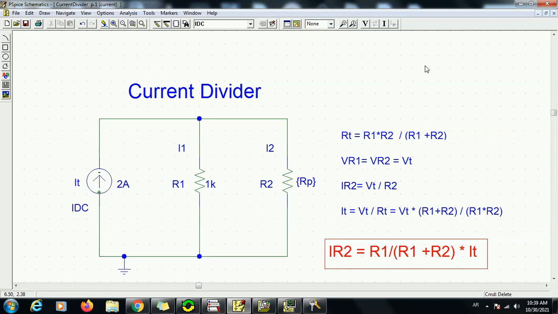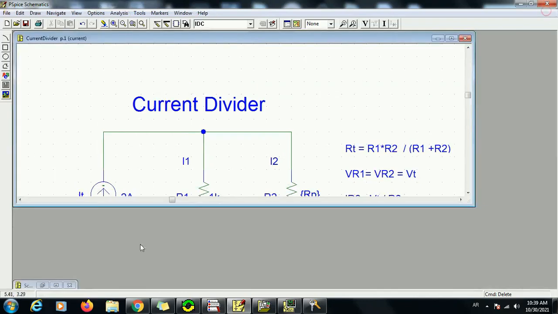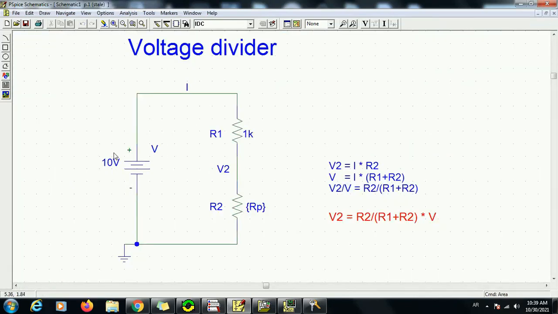We can use a voltage source here to explain the concept of current divider, and we can also use a current source in the circuit we explained before, the voltage divider, to explain the concept of voltage divider.